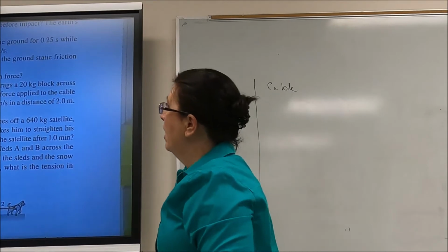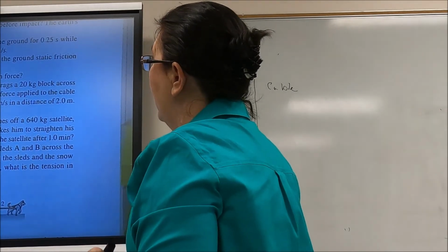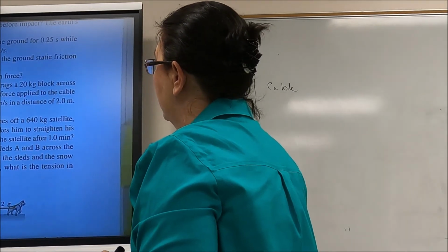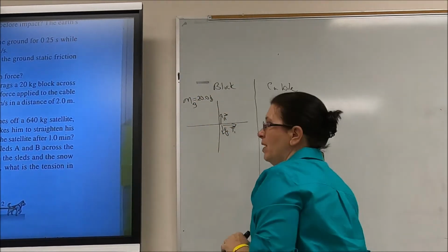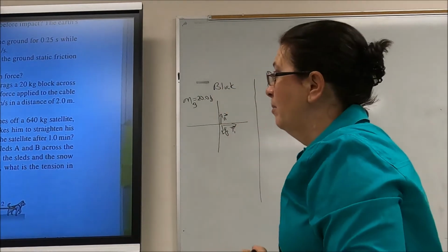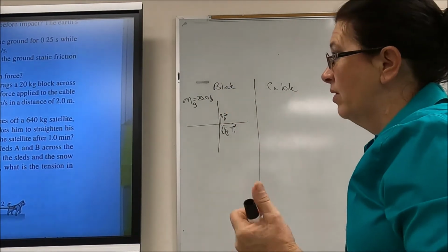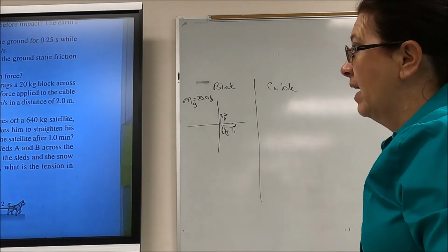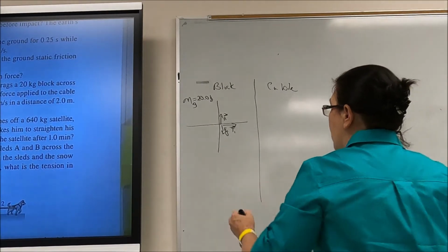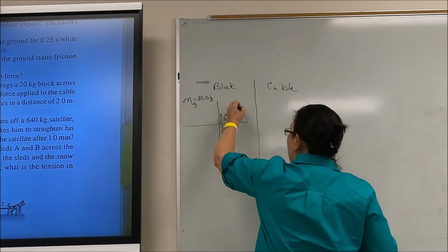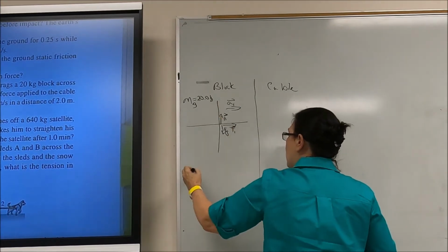The other thing it tells us is that this is frictionless. So I don't have to worry about the sum of the forces in the y direction, because I don't need the normal force since I'm not calculating a frictional force. The acceleration I'm going to make in this direction, A1.